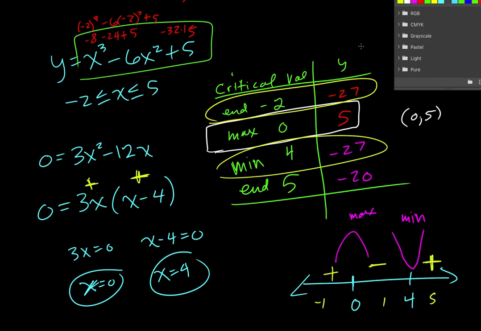So we have to list both of them. So -2, -27, as well as 4 and -27. So once again, this white one is the highest point on that graph in between that interval, and these yellow ones are the lowest points on the graph in between the interval.